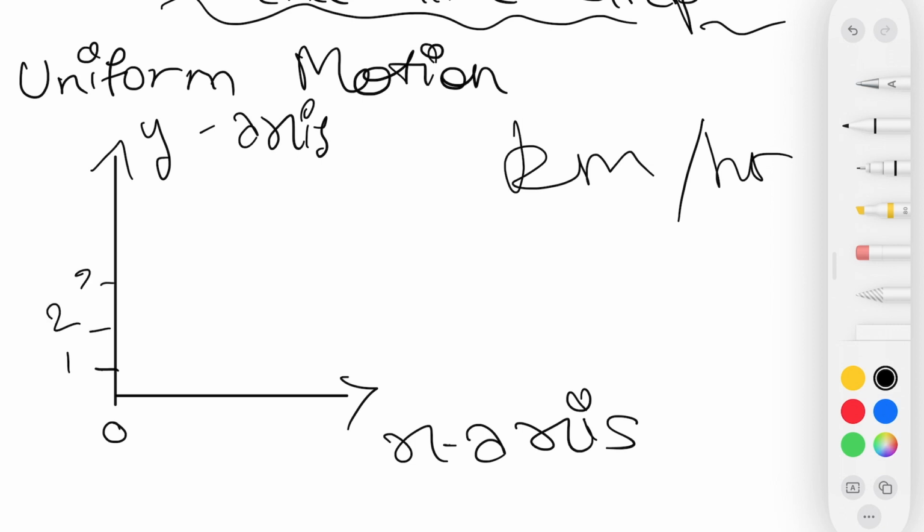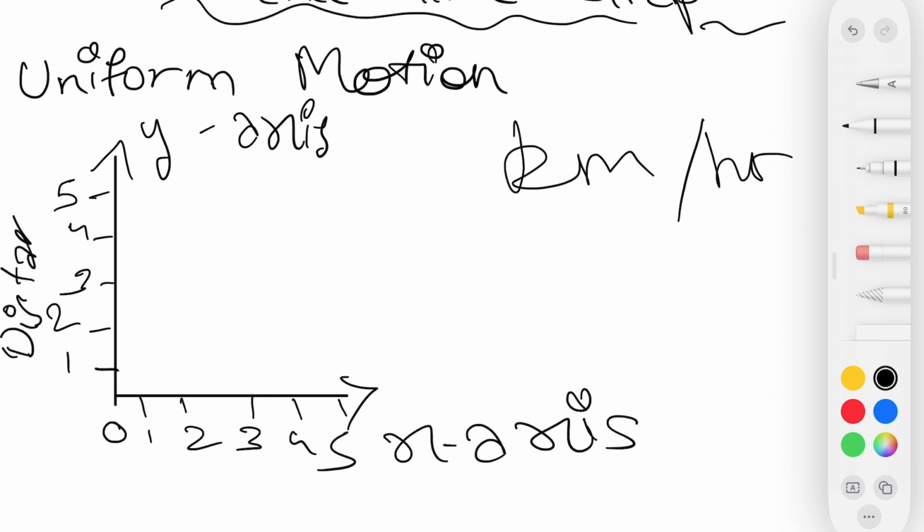So let's do the divisions: 2, 3, 4, and 5. I'm sorry I have unequal distances here, but we'll have to work with it today. And this is the distance. And here we have the time.